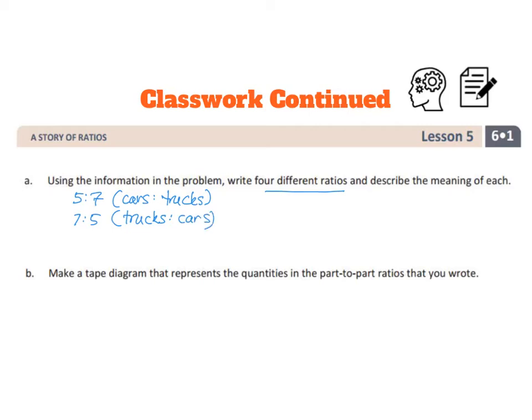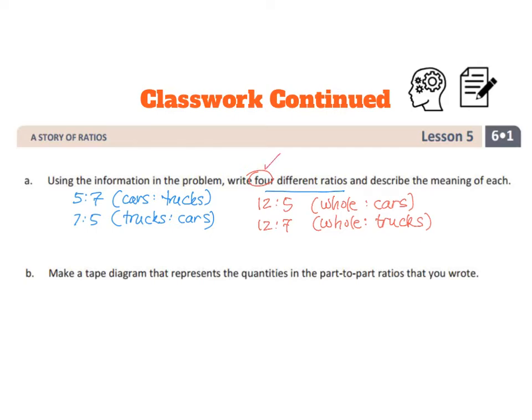But then we also did the whole, 5 plus 7 is 12, to 5, the whole group to cars. And we could also do 12 to 7, which is the whole group to the trucks. Now, I only needed to do 4, right? So I got 4 done.